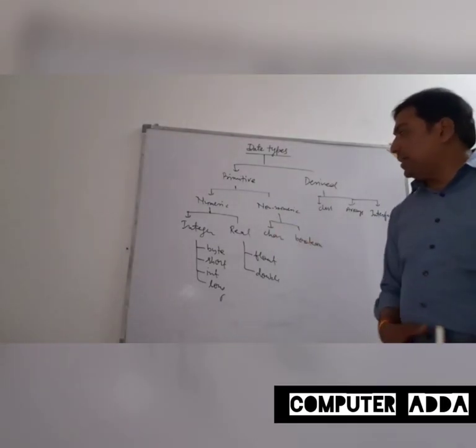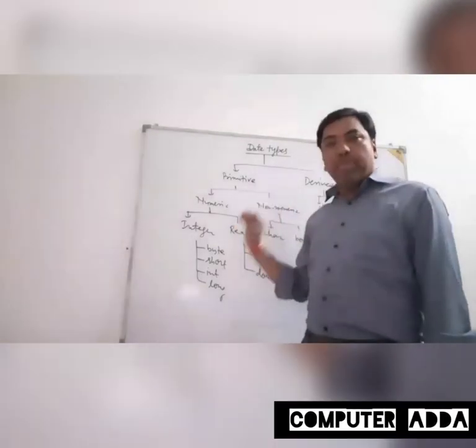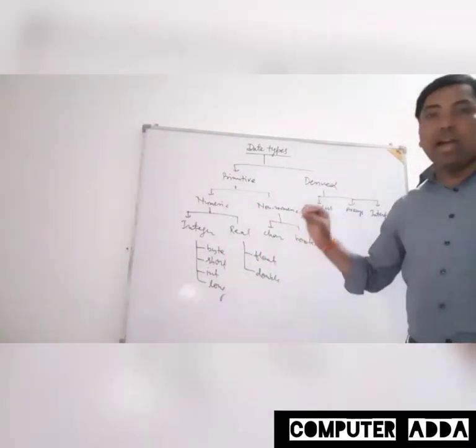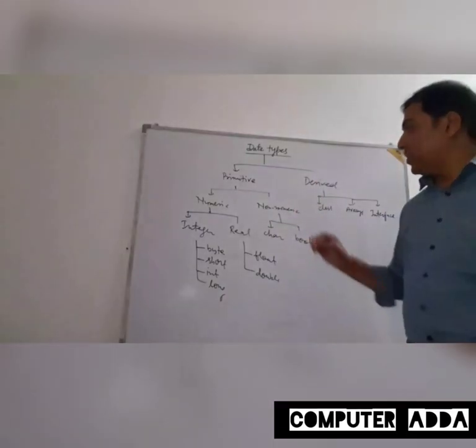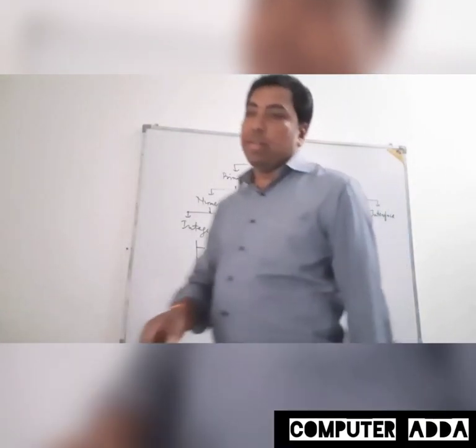Now we'll discuss in detail the memory occupied by each primitive data type, and every data type has its range also, the minimum and maximum value that we can store.